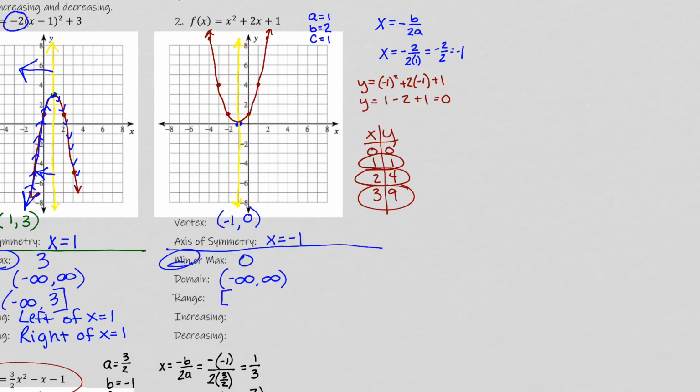Well, it goes to y being 0, but then it goes up to infinity, so y is greater than or equal to 0. Increasing is when it's going from left to right, it's going up. So that would be on the right side, to the right of x equals negative 1. And it's decreasing, going down on the left side of our axis of symmetry, so on the left side of x equals negative 1.